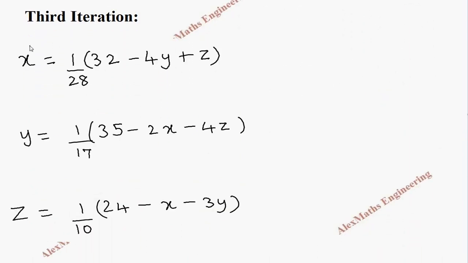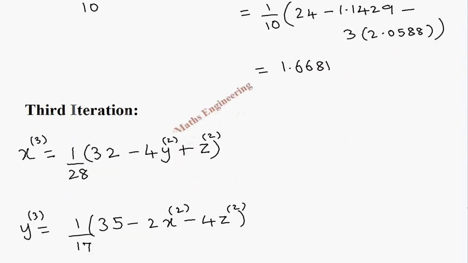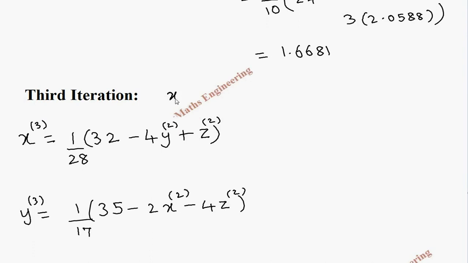So once again I copied this equation. I have to put x of 3, y of 3, z of 3, and I have to use y of 2, x of 2 and z of 2. So I put 2 for all the variables. Now using these values, let's copy them here. x is 0.9345, that is x of 2.